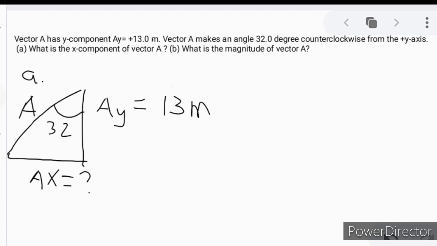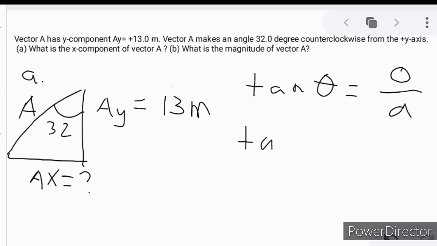Okay, let's erase it. So the equation for tangent is: tangent theta is equal to opposite over adjacent. The opposite from the 32 degrees is A sub x, and the adjacent side is A sub y.